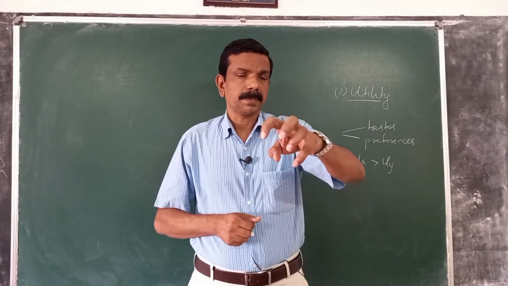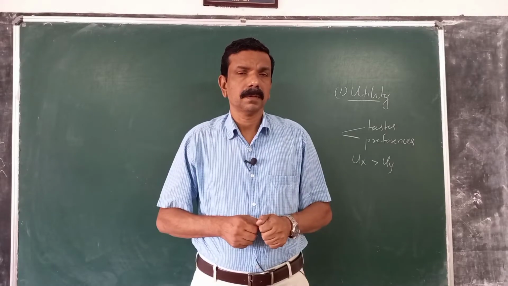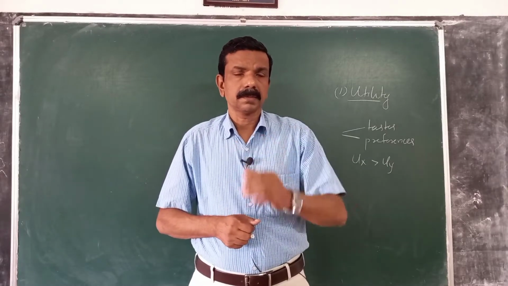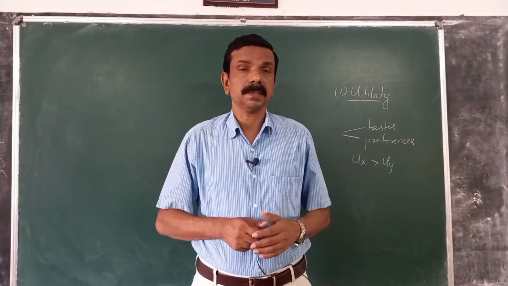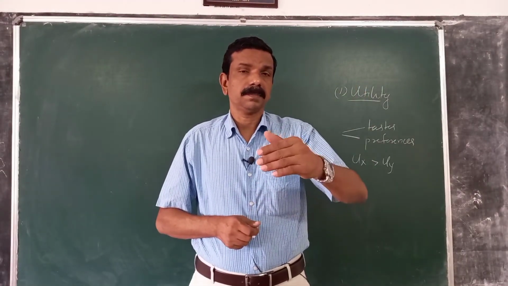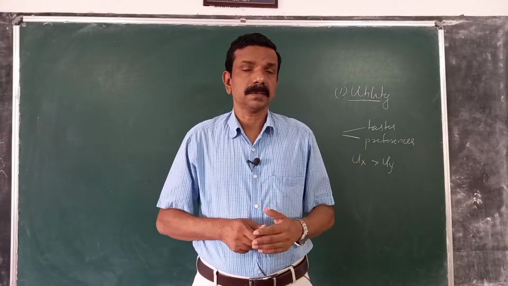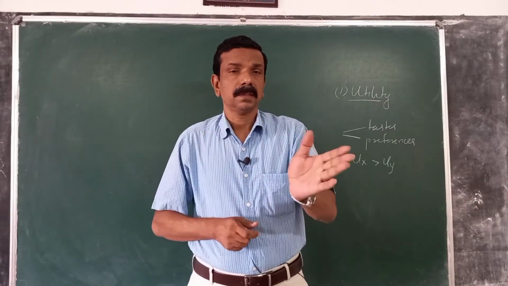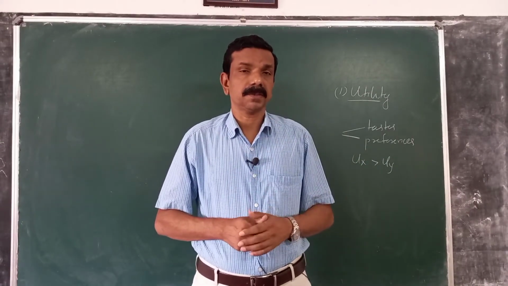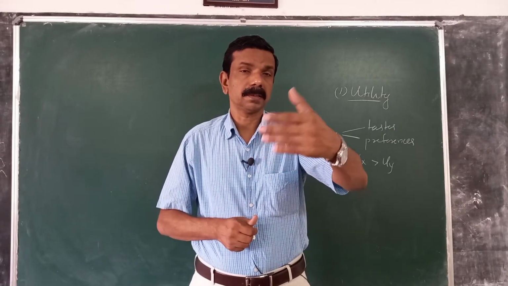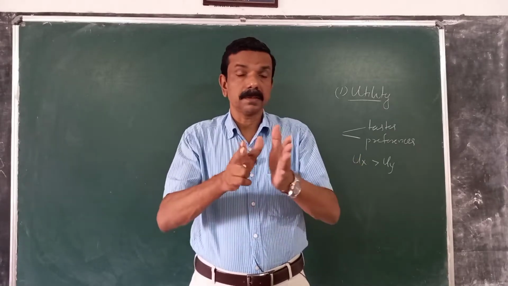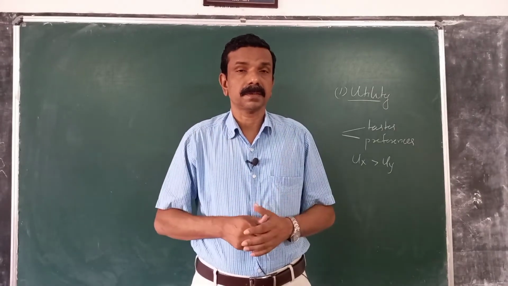So a consumer purchases goods and services in order to maximize his utility or satisfaction given the prices of goods and services and also the limited money income of the consumer. And his purchases given the prices and income is based on his tastes and preferences.